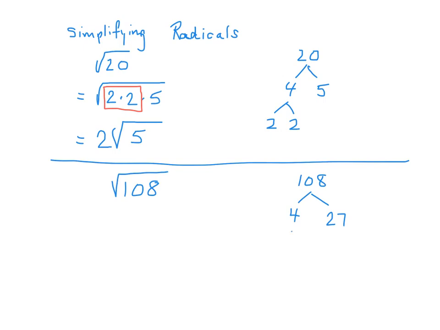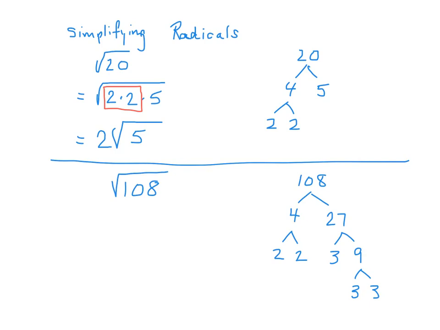And then 4 breaks down into 2 times 2. 27 breaks down into 3 times 9, and there's one more step I can do in this factor tree. 9 breaks down into 3 times 3. Again, I'm just factoring it. You don't have to go all the way down to prime numbers, but it doesn't hurt.